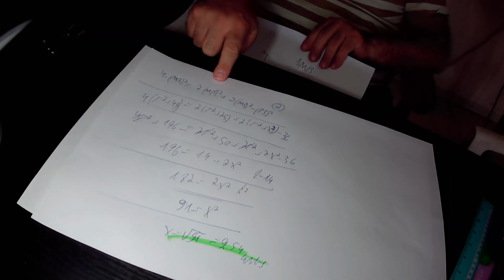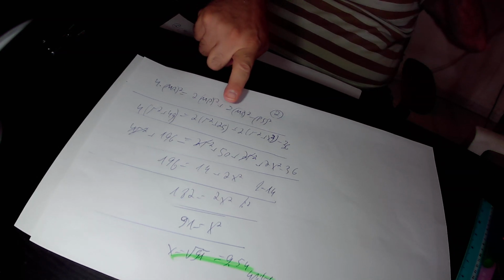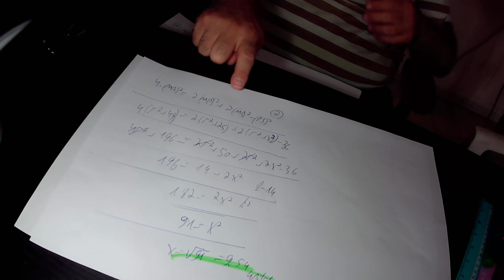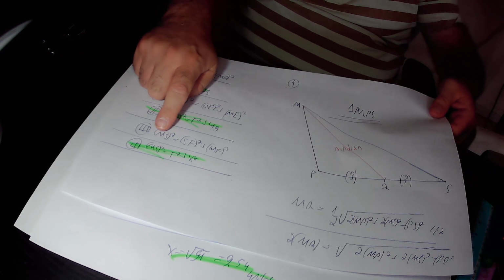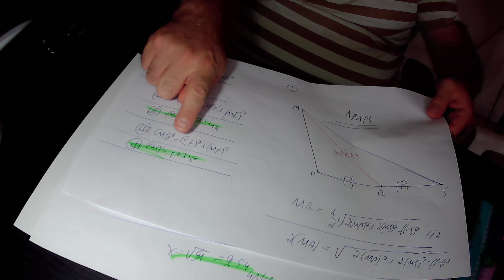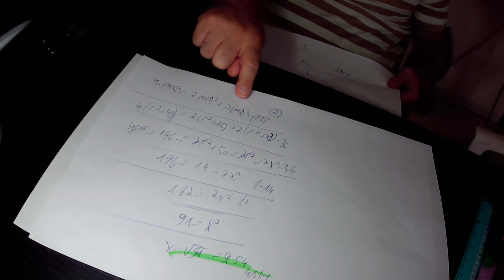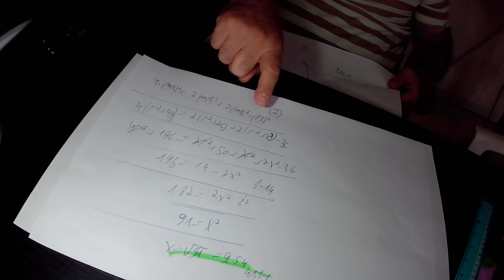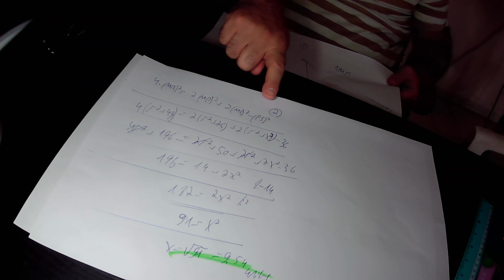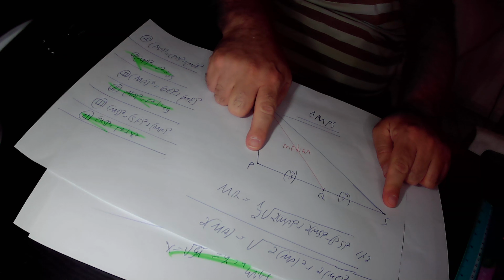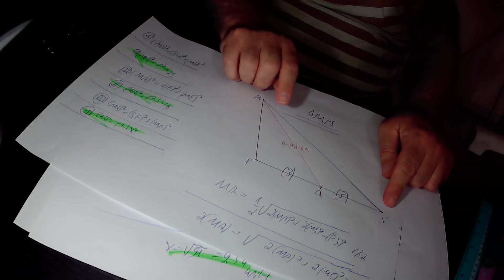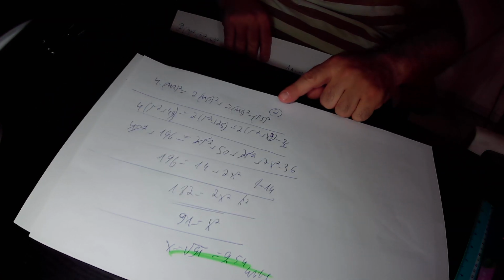Therefore, we substitute MP squared by R squared plus 25, and we have here 2MS squared. MS squared is R squared plus X squared. So we substitute MS squared by R squared plus X squared, and we have minus PS squared. PS in total is 3 plus 3, that is 6. Therefore, PS squared is 6 squared, that is 36.